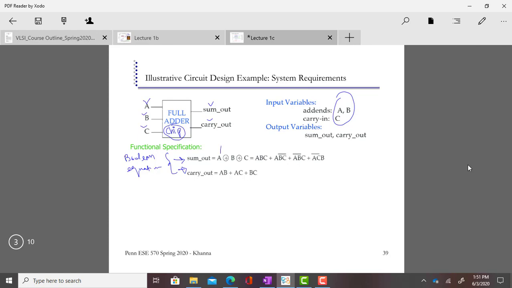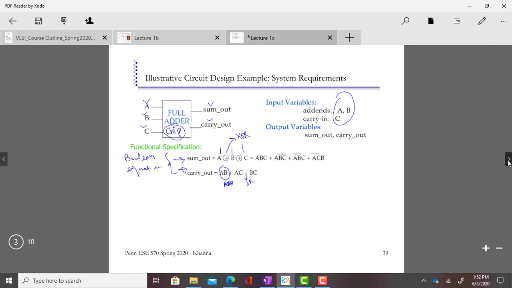You see, sum is A XOR B XOR C. And carry_out is equal to AB or AC or BC. This is an AND gate, this is an OR gate, and this one is an XOR gate. This circuit comes from your DLD course. So this is the circuit or the Boolean equation for a 1-bit full adder.